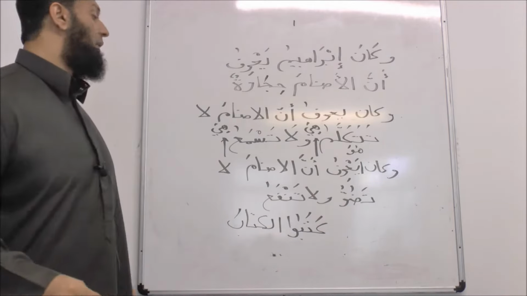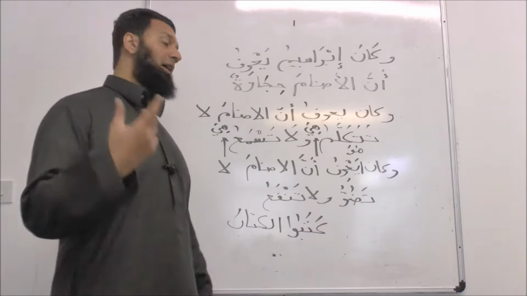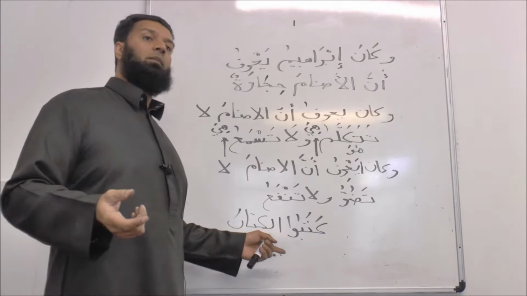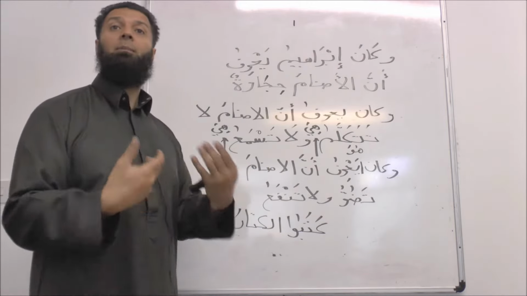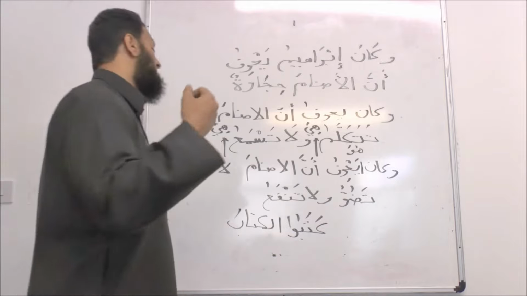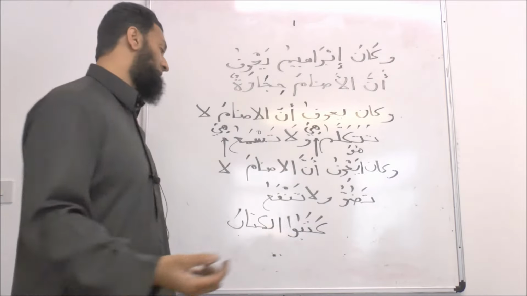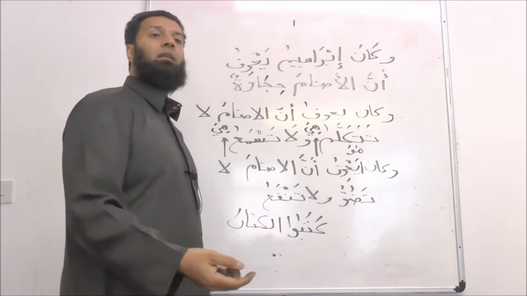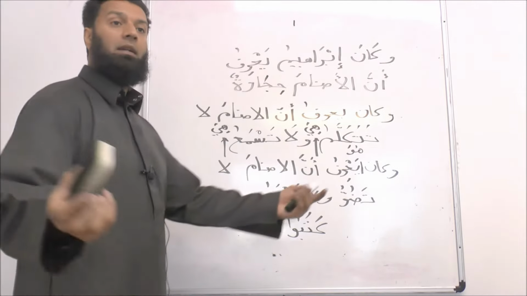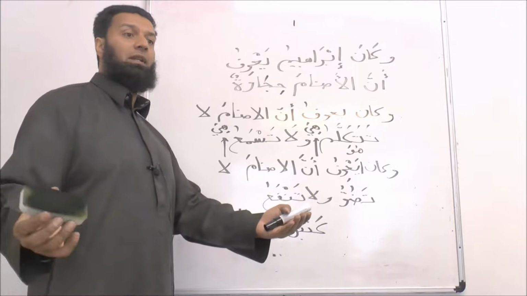So the grammarians say that the fa'ilun is al-waw, even though it's part of the verb as we recognize it, but it's an addition, and the addition itself represents the fa'ilun. Whereas if it's just kataba, then there's no addition there, is there?